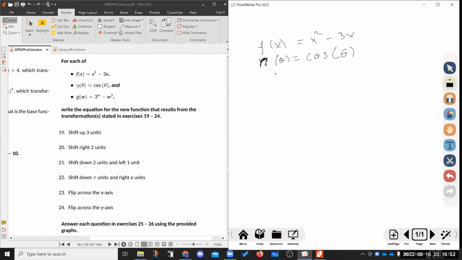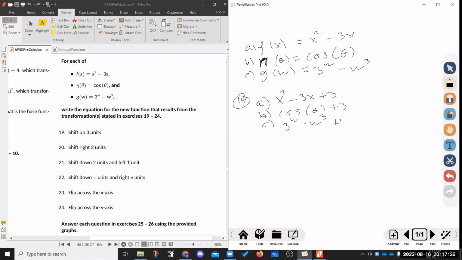And then g of w is equal to 3 to the w minus w to the third. Like that. I'm going to call this parts A, B, and C. For 19a, we're going to shift each one up by 3. So we get x squared minus 3x plus 3, cosine of theta plus 3, 3 to the w minus w cubed plus 3.